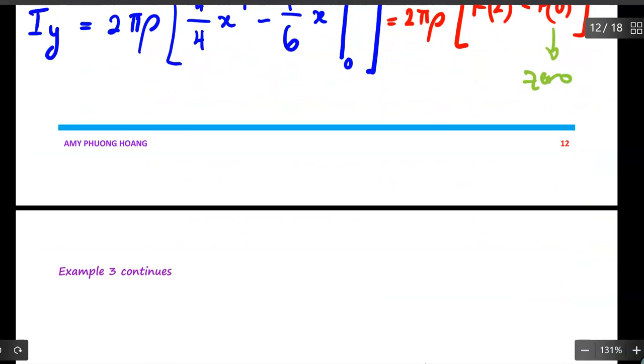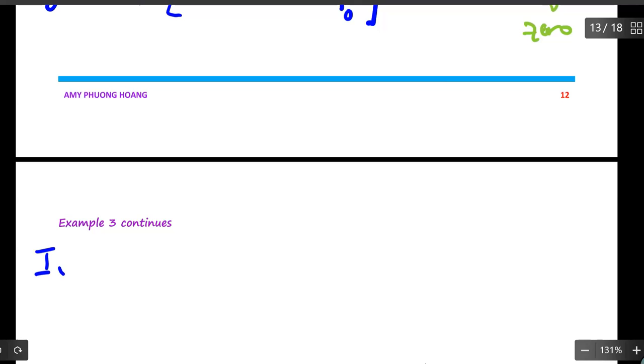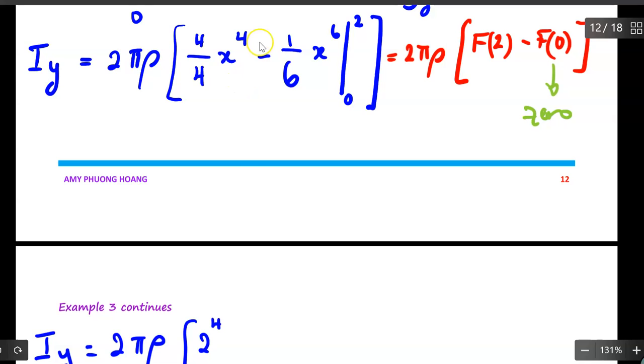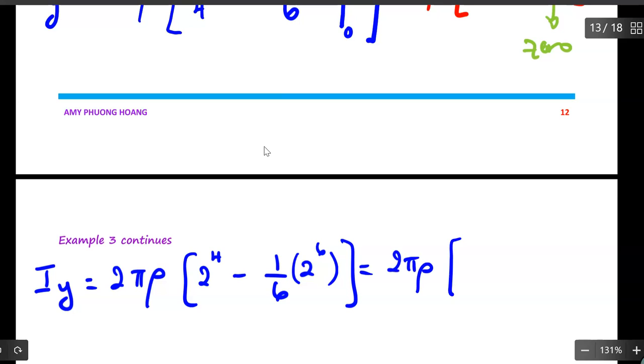So now I should have Iy equal to 2 pi rho, and then 2 raised to the exponent 4, because I just have x to the exponent 4, minus 1 over 6 of 2 raised to the exponent 6. So it's 2 pi rho times 16 minus 64 over 6.